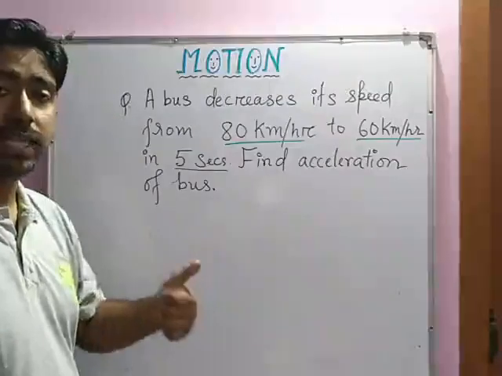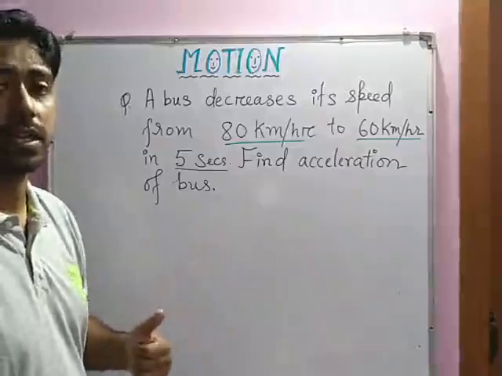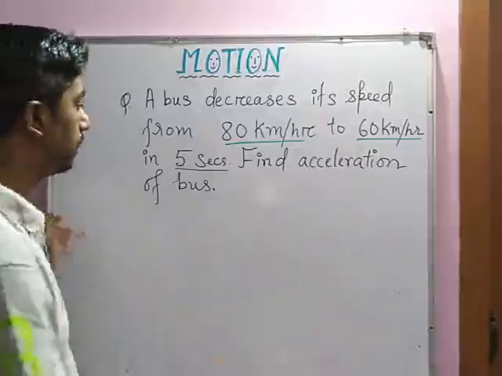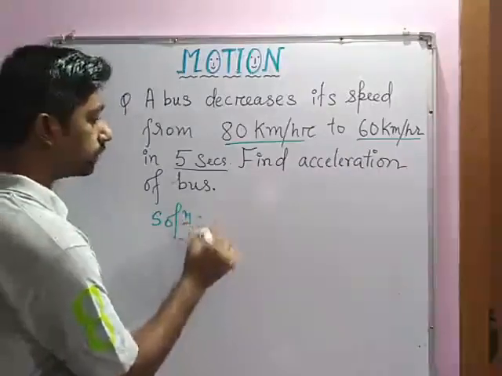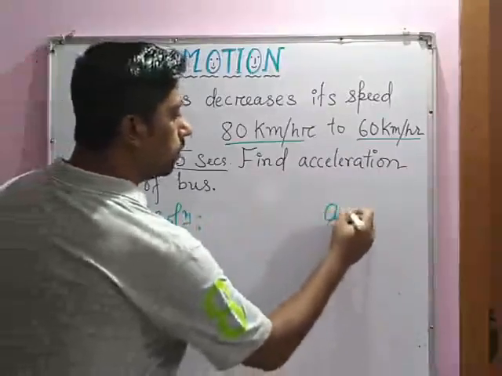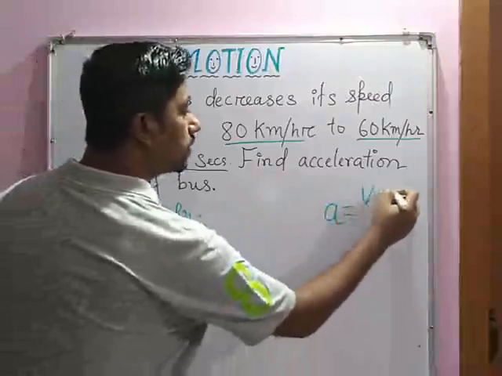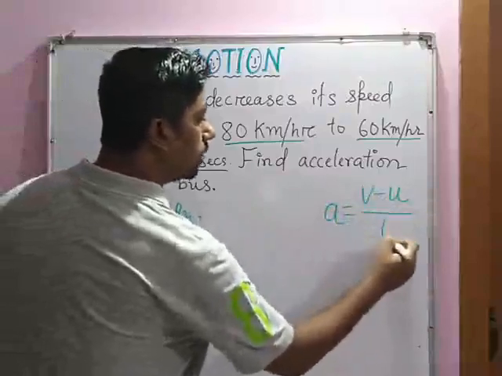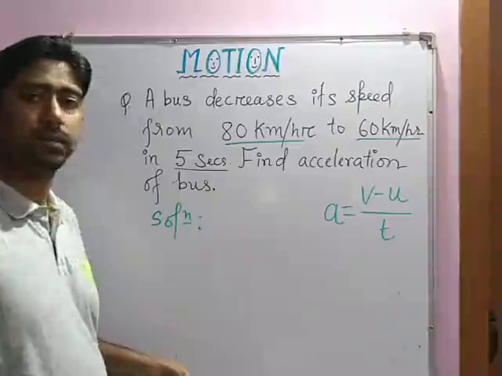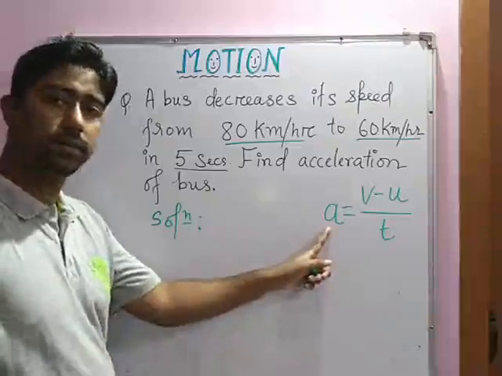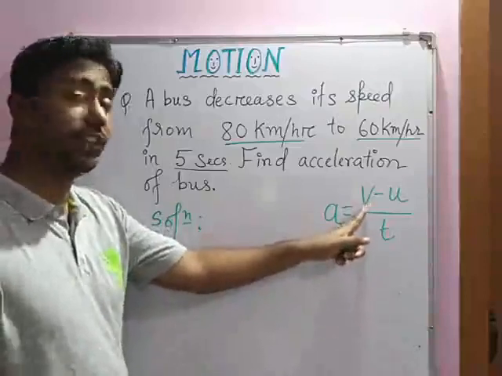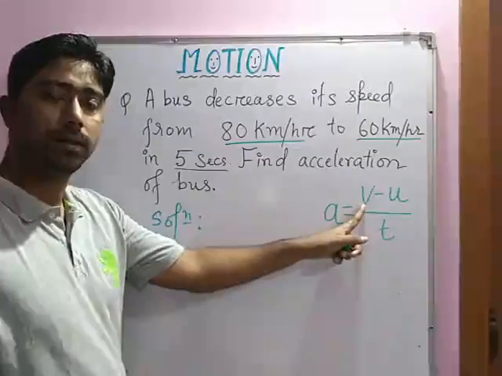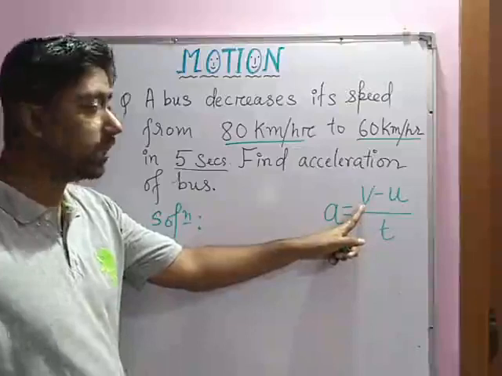So for acceleration, you have to recall the formula. What was the formula for acceleration? A is equal to V minus U by T. What is A here? A is acceleration. What is this V? You may be thinking that it's velocity.